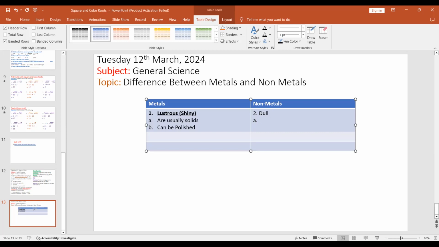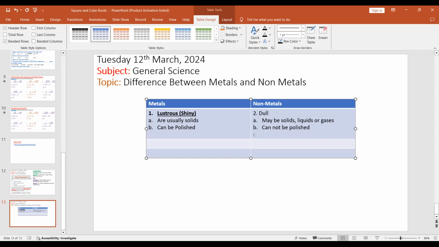They may be solid, liquid, or gases, and they cannot be polished. They may be black or colorless.